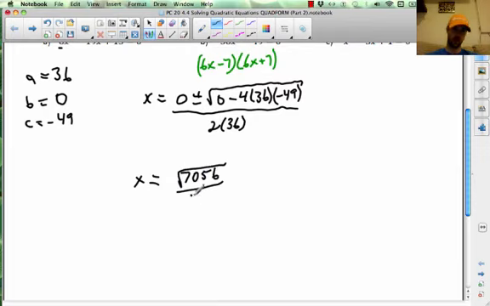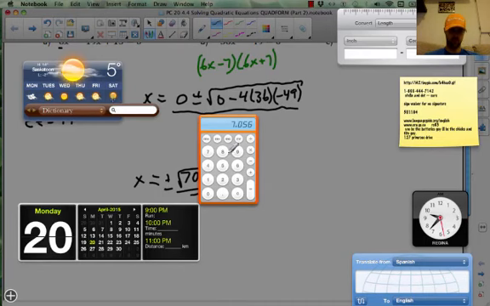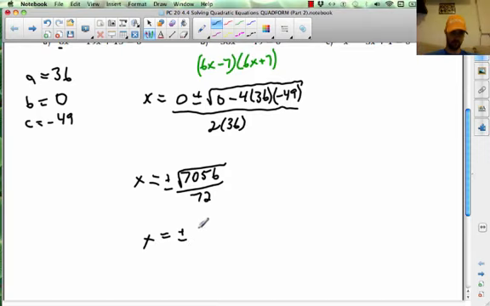So the root of 7,056 over 72, and this will be plus or minus, and the root of 7,056 is 84. So this is plus or minus 84 divided by 72.